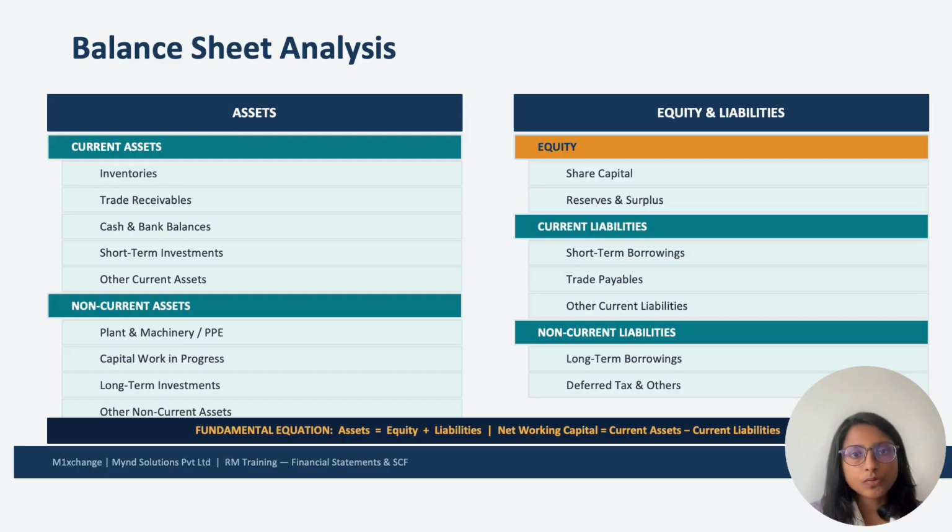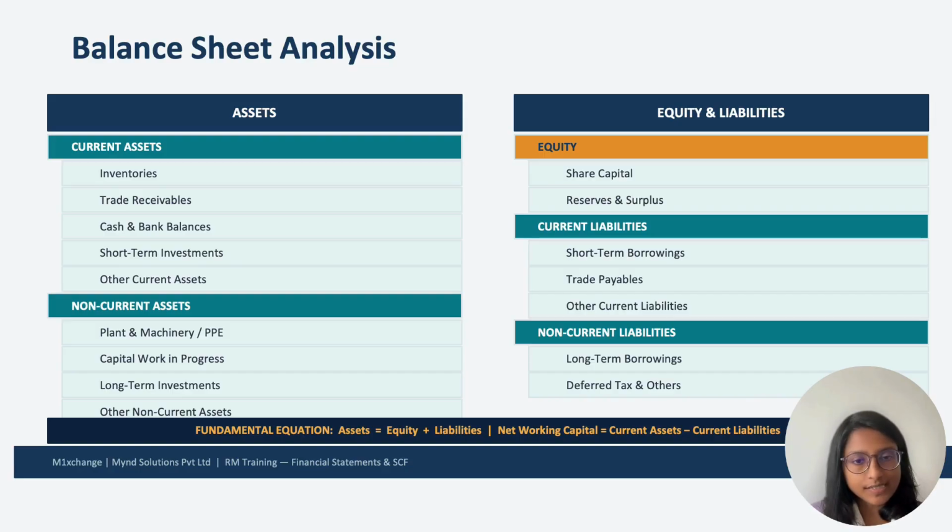Okay, so on the asset side we have the current assets, which includes your inventories, trade receivables, cash and bank balances, short-term investments, and some other current assets. Current assets is any asset within a year.